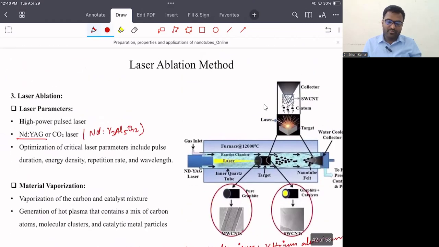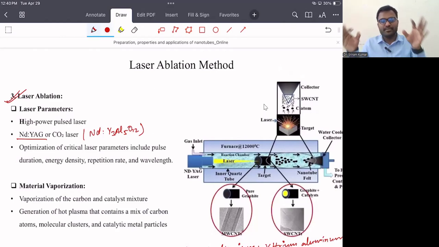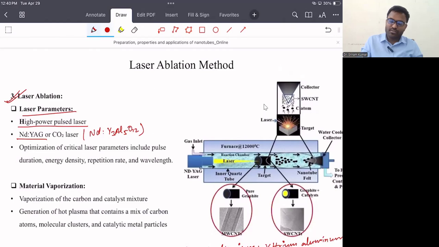The third important step is the laser ablation. Once you have the target and the chamber conditions, we need to use the laser ablation technique, with a very high powered laser. For this application, the Nd:YAG laser is normally used.